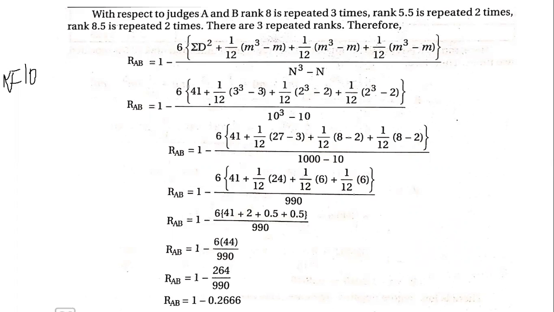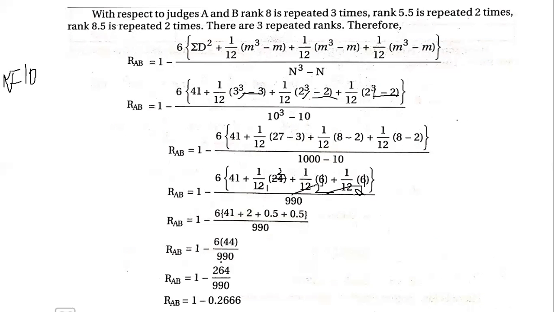Now start simplifying this. First find the cube here and then subtract the values after finding the cube. Once you do that, do the multiplication with 1 by 12. Usually it will get cancelled. 12 ones are 12, twos are, then 6 ones are 6, twos are, 1 by 2 is 0.5, again 0.5.